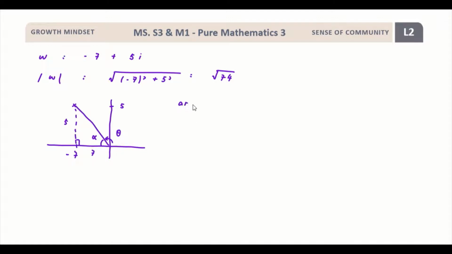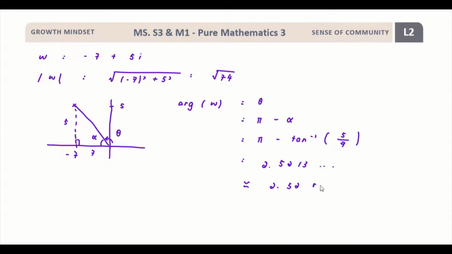So our argument for w is equal to theta. How can we find the theta here? By using pi minus the alpha. So pi minus tan inverse of 5/7. You can solve by using a calculator and you will get 2.5213 and so on, which after you round it off is 2.52 radians.